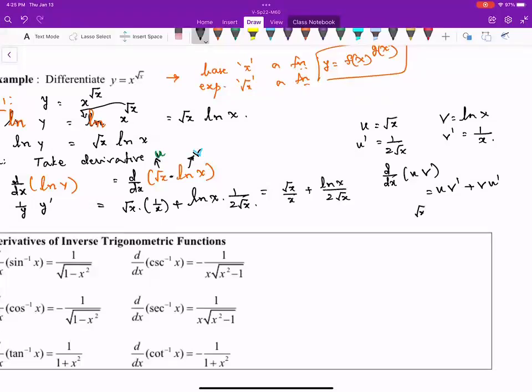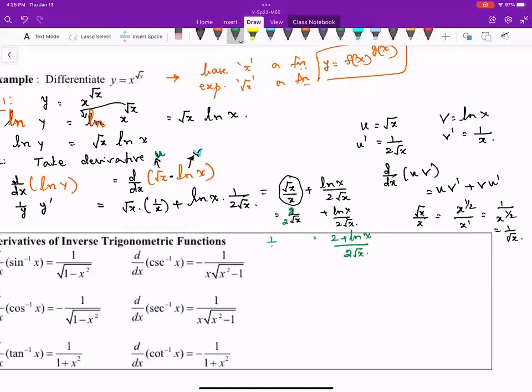So what is root of x over x? It's x to the power 1 half over x to the power 1. So it is 1 over x to the power 1 half, which is 1 over square root of x. So this can be written as 1 over square root of x plus ln of x over 2 square root of x. If I multiply the first term by 2, I get (2 plus ln x) over 2 radical x.